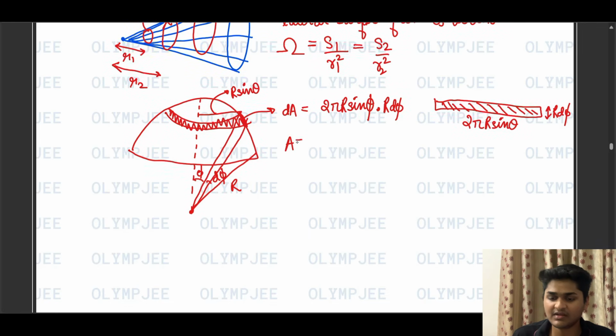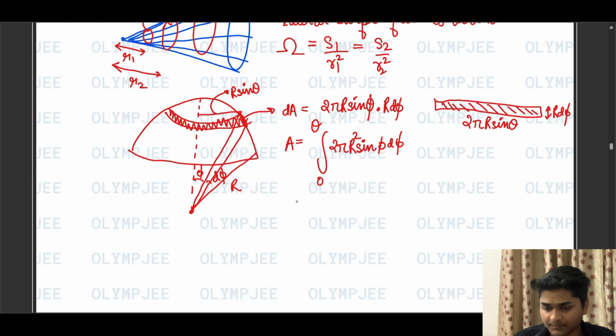So the total area will be the integral from 0 to theta, right? Because if we vary this phi from 0 to theta, then we will cover the entire cap.